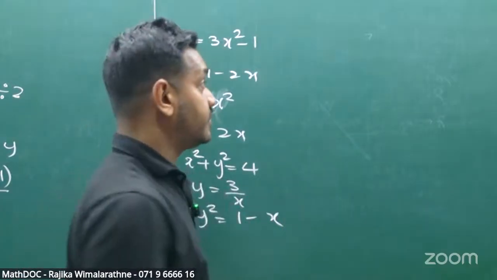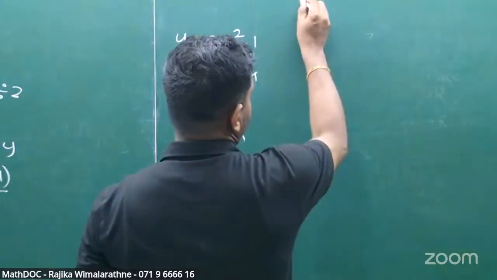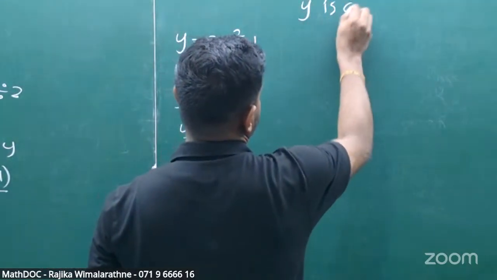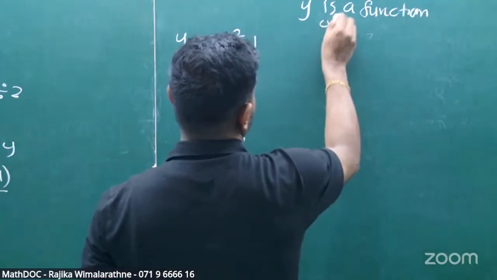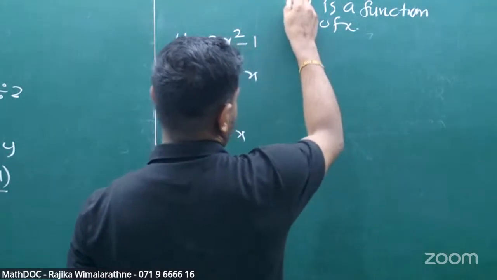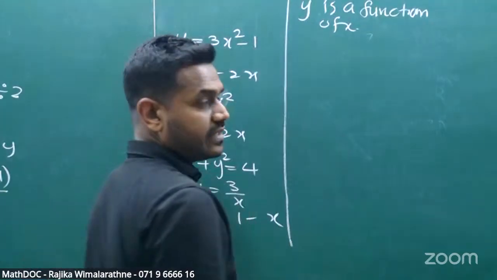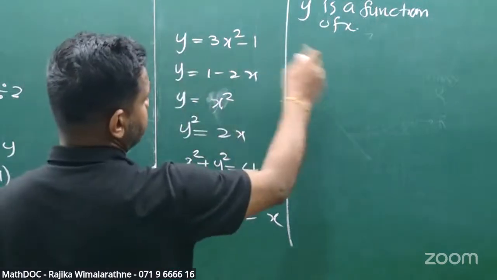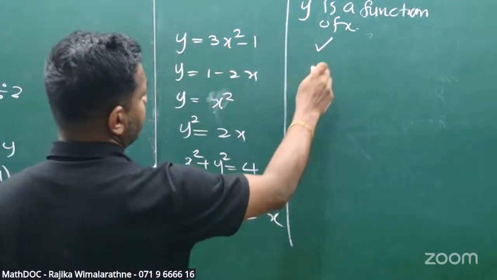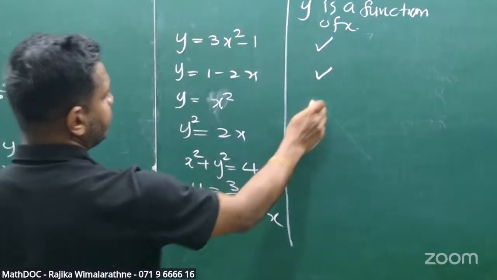So when you consider y is a function of x, then y squared is impossible. Then this is a function. Here y to the power 1, function.